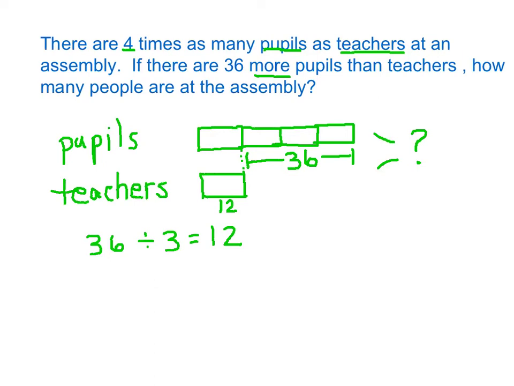So the question is, how many are at the assembly? I have 1, 2, 3, 4, 5 bars in all. So I would do 5 times 12, which of course is 60.